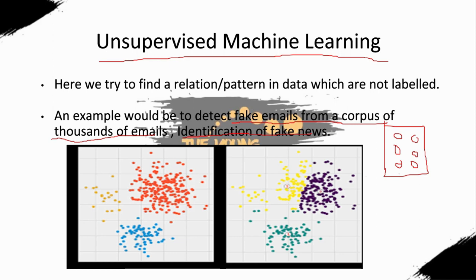Just for graphical purposes, in these two images we are perfectly segregating our data points by finding patterns. For example, the red part, the yellow part, the green or the blue part were initially not separated, but after applying algorithms, we can cluster these data points appropriately.